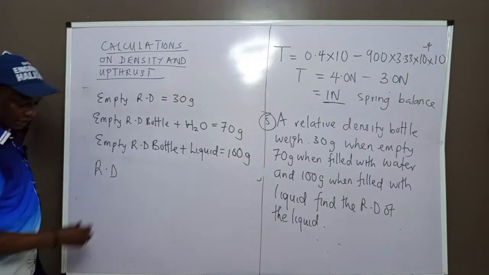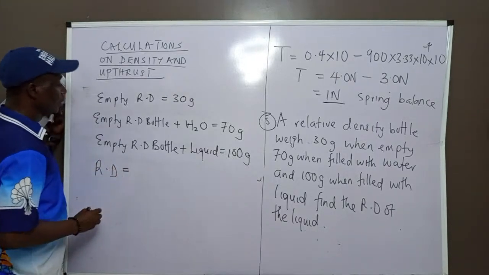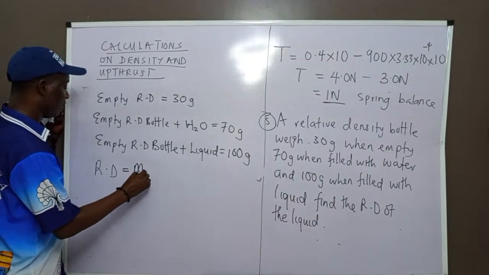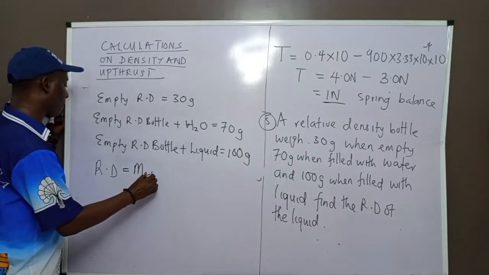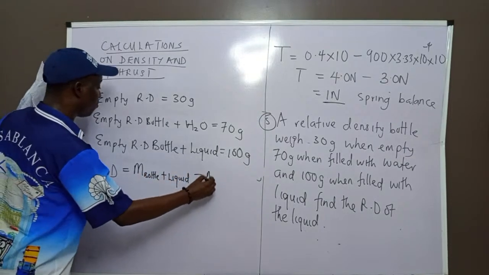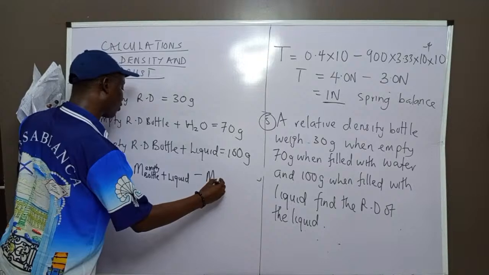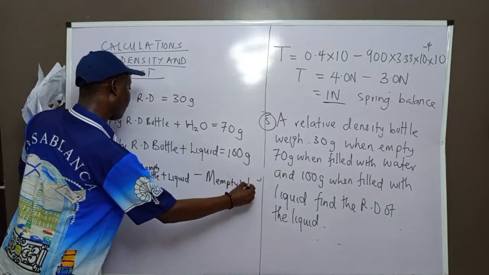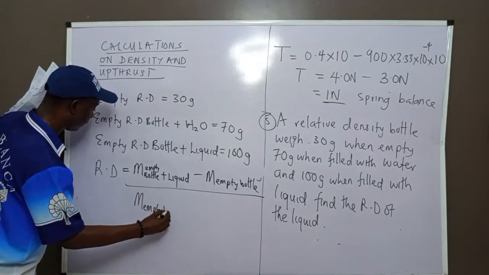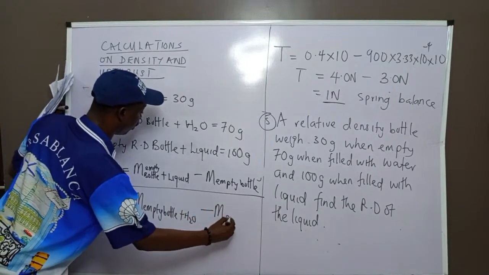Relative density of the liquid is equal to mass of bottle plus liquid, minus mass of empty bottle, over mass of empty bottle plus water, minus mass of empty bottle.